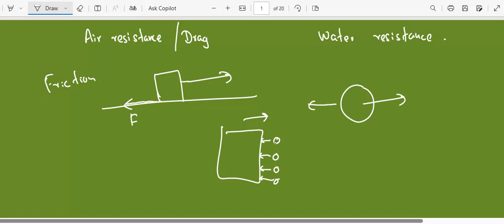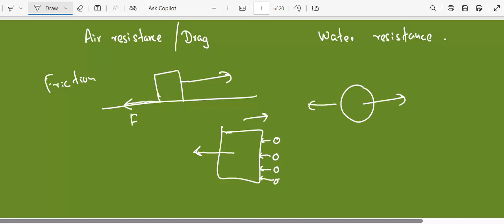Similar to that, these air particles will each exert a very small force, but when a lot of air particles collide with your body, there is an overall resultant force acting backward. We discussed resultant forces before. That force is what we call the air resistance. Another name we use for that is the drag force.